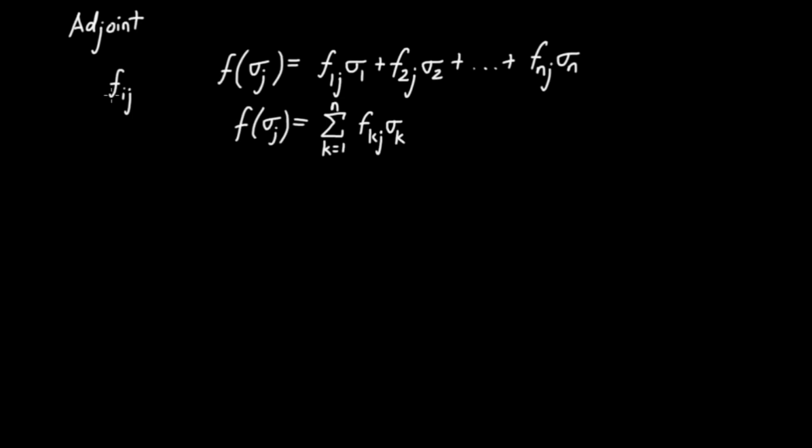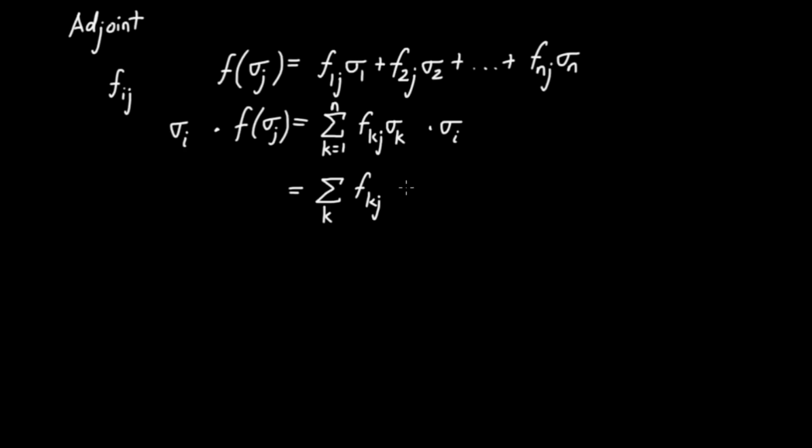Now, I'm interested in the ij component, so what I'm going to do is dot both sides by sigma i. The dot product is commutative here, so it doesn't matter if I do left or right. So what I'm going to do here is keep the k. So we have fkj.